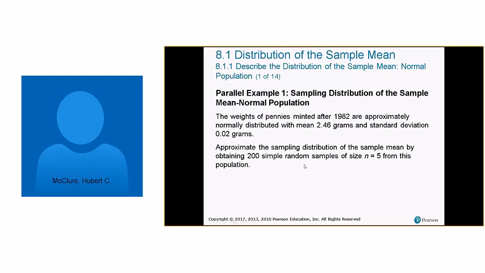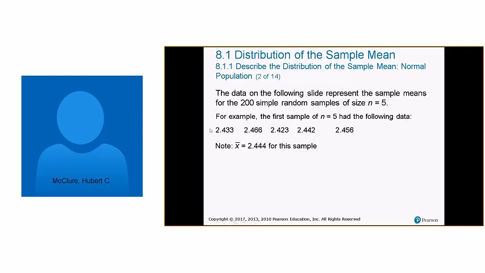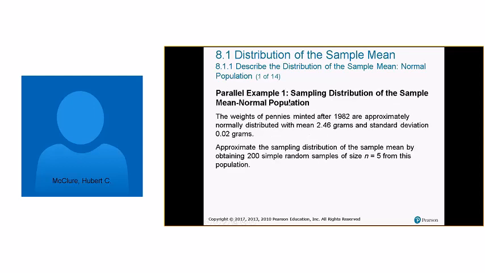But they're going to give you a bunch of pennies on the next slide. Okay, there's 1, 2, 3, 4, 5 pennies right there. For example, for the first sample, out of those 200 pennies, you pick 5. And you write their weights down, and then you find the average. So let me go back. You've got the population mean and standard deviation right here.